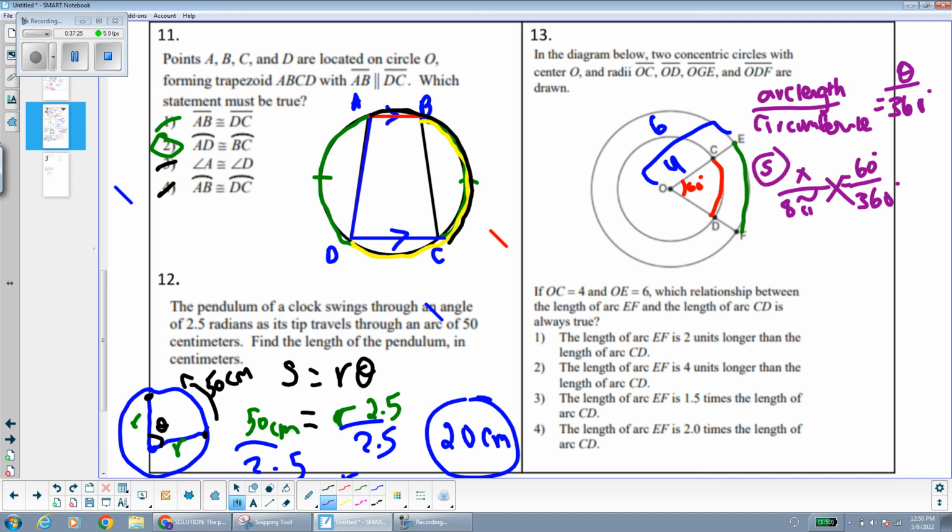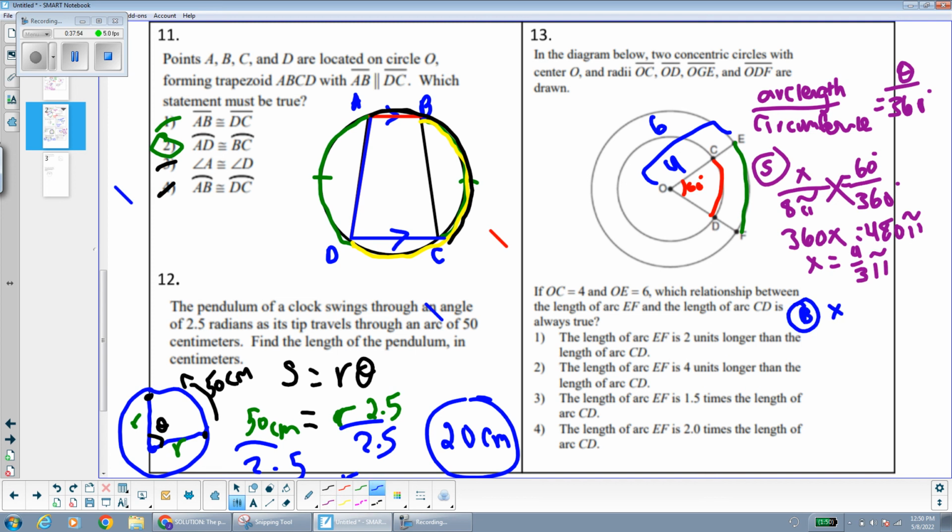Cross multiplying that really quick on my calculator, I have 360x is equal to, let me do 60 times 8, I got 480 pi. Dividing 480 by 360 and converting that to a fraction, I got that x is equal to 4/3 pi.